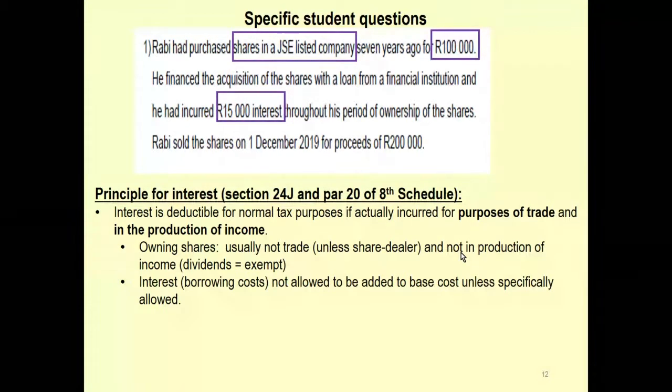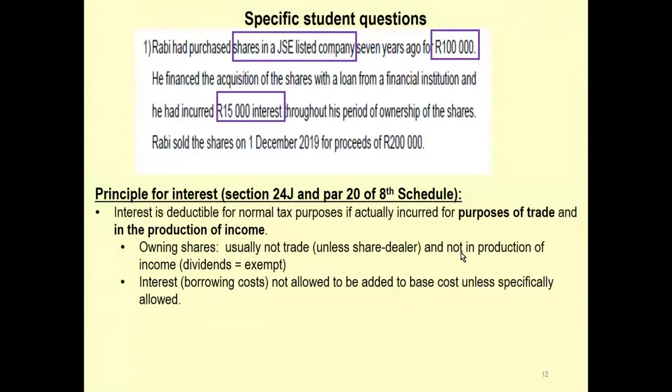Essentially, it boils down to this: if we incur interest and want to determine whether it's deductible for normal tax purposes, so deductible in your regular framework, then it is deductible if it's incurred for purposes of trade and in the production of income. If those two requirements are met, we can usually claim interest as a deduction for normal tax purposes.